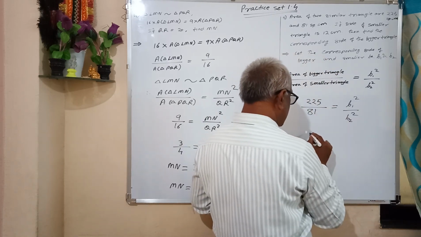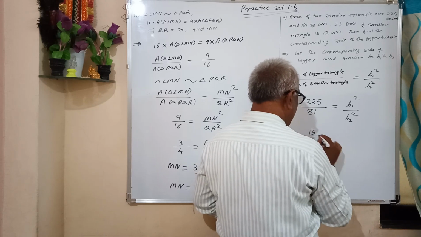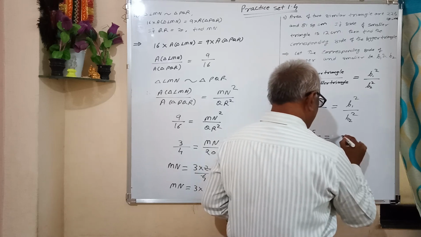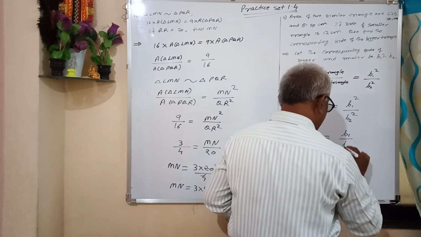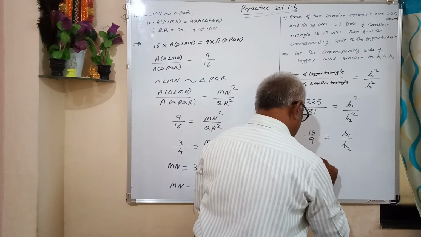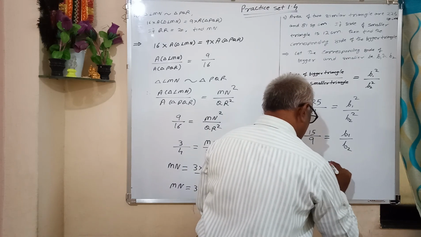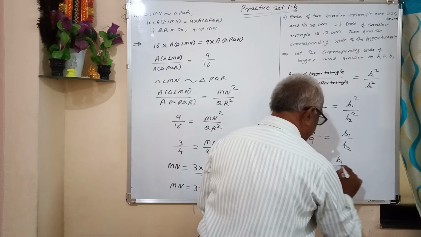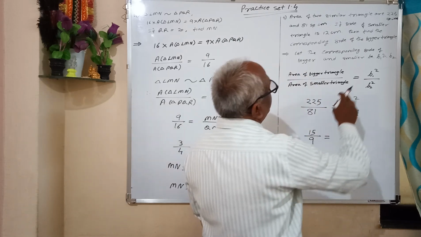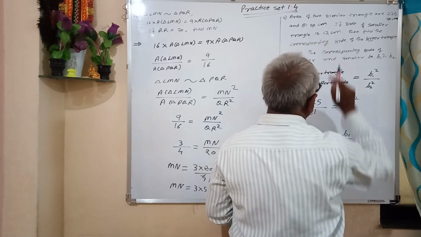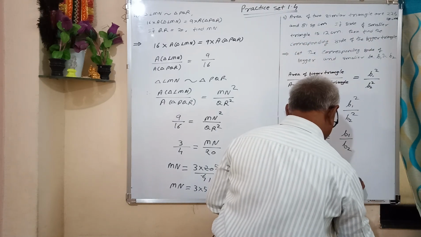Taking square root on both the sides, we will get 15 upon 9, which is equal to B1 upon B2. Now 15 upon 9 is equal to B1, which we are going to find, upon B2, that we have taken as the length of the smaller side, that is 12.